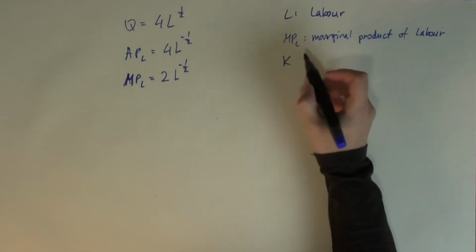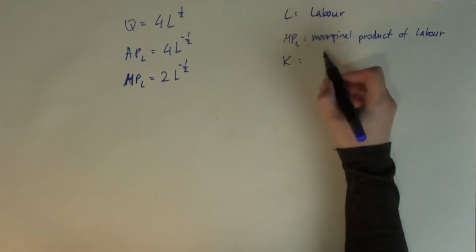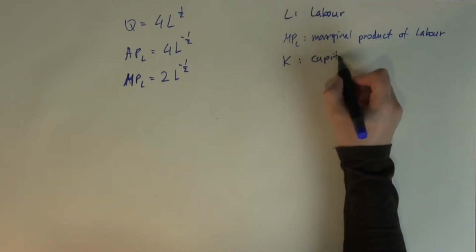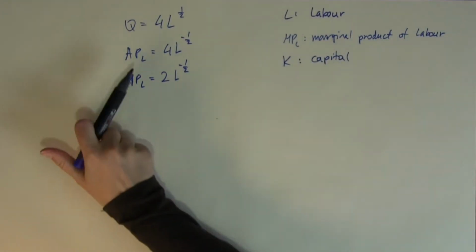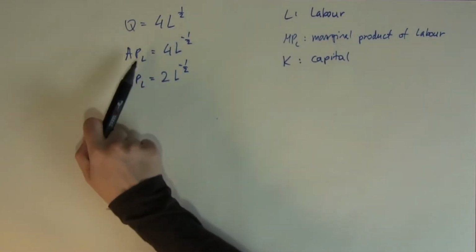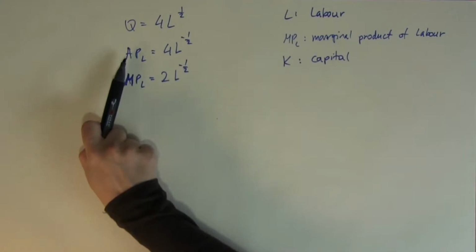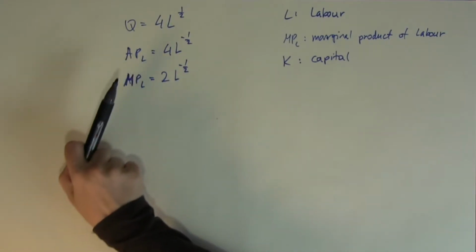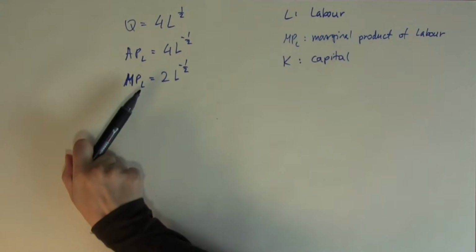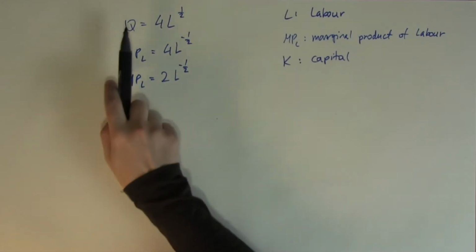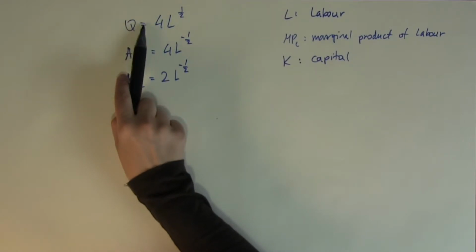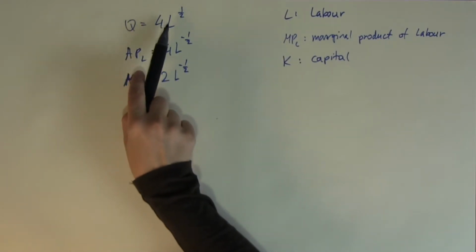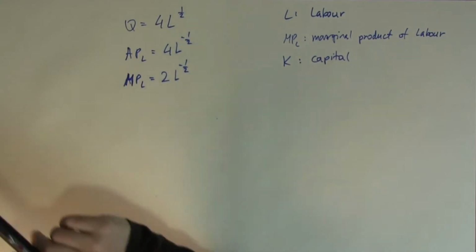Now you might recall that capital K means capital. So if I was to replace L with K, then I would be talking about the average product of capital and the marginal product of capital in these particular cases, and then the quantity would be given as a function of capital instead of the function of labor.